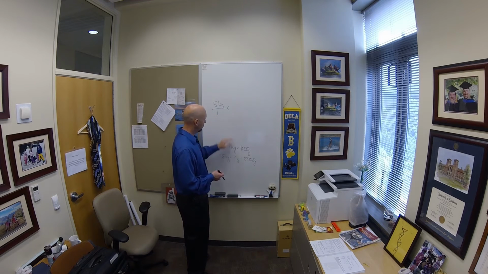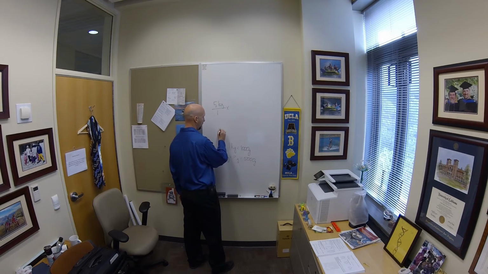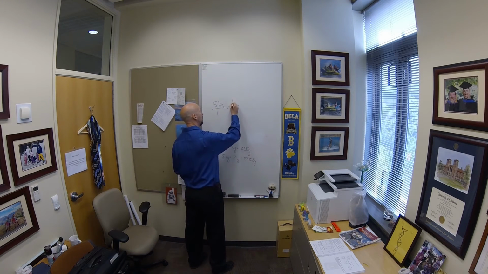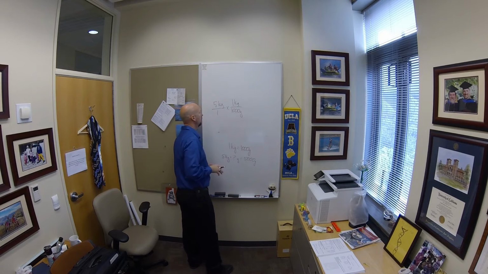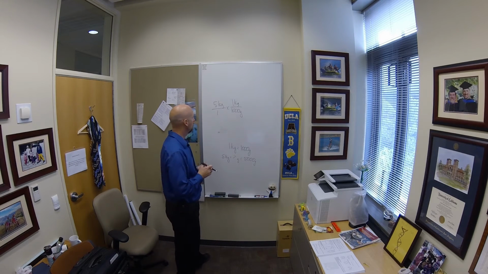Okay, so 5 kilograms, we're trying to get to grams. I know this conversion because I've memorized it. So I can write this one of two different ways. I can write this as 1 kilogram over 1,000 grams. But that doesn't work for my dimensional analysis problem, right?